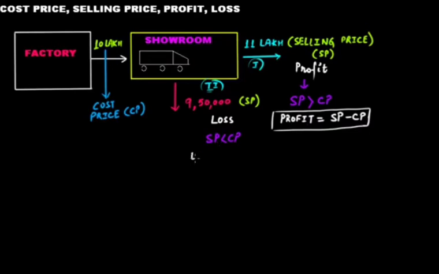And what about loss? When you are in loss, your cost price is greater than your selling price, therefore cost price minus selling price will be the loss. Okay, so now we have a better understanding of cost price, selling price, profit and loss.